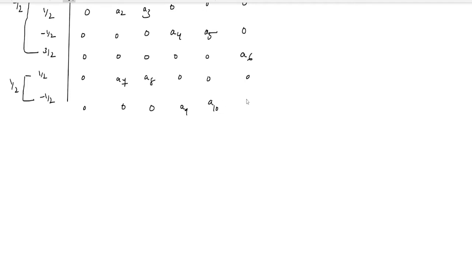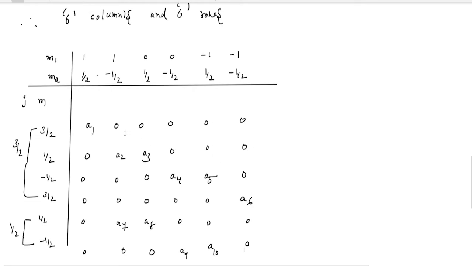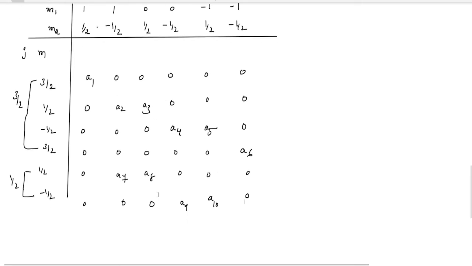These are the coefficients of j equal to 1 by 2. We need to find what the A1 value is. The A1 value is equal to 1, the A6 value is equal to 1. The remaining A2, A3, A4, A5, A7, A8, A9, A10 we want to find using the J plus operator, J minus operator, normalization condition, and orthonormal condition.